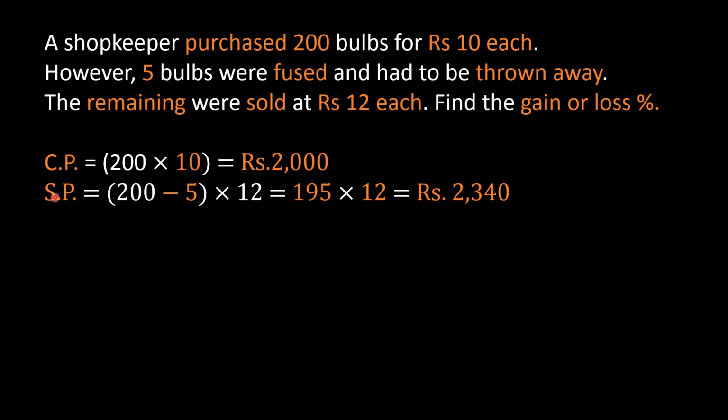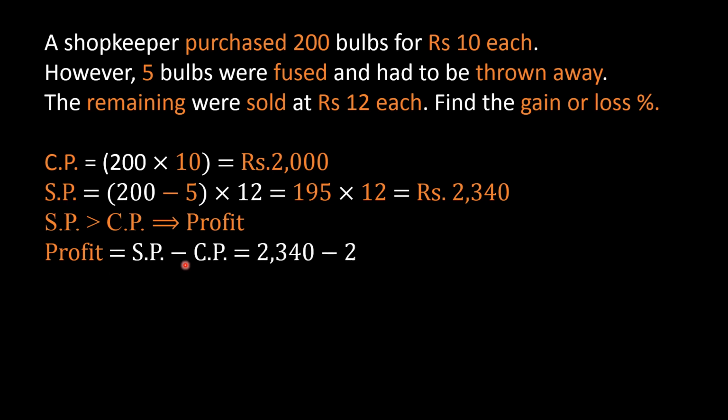Since selling price is greater than the cost price, the shopkeeper makes a profit. The profit will be SP minus CP, 2340 minus 2000, which will be rupees 340.